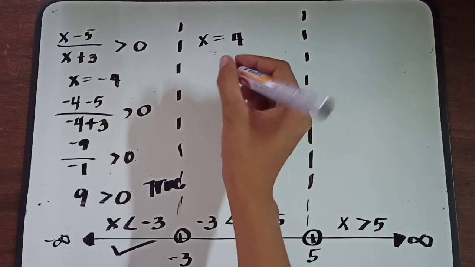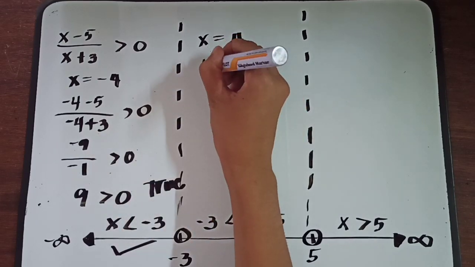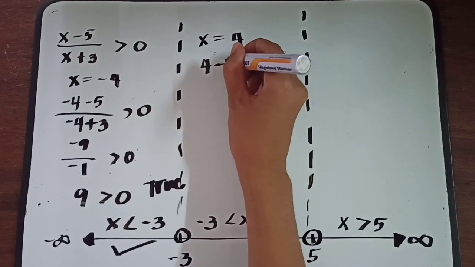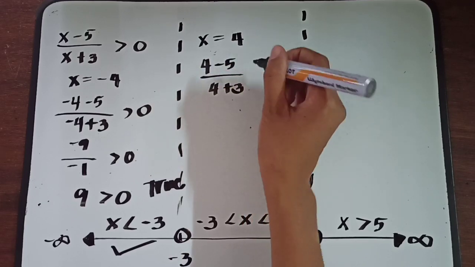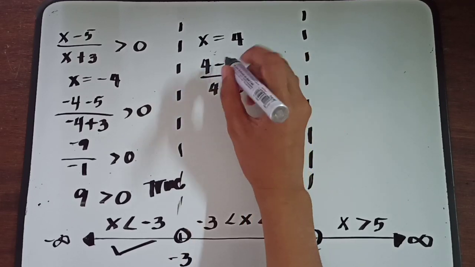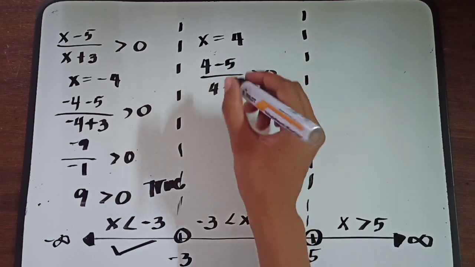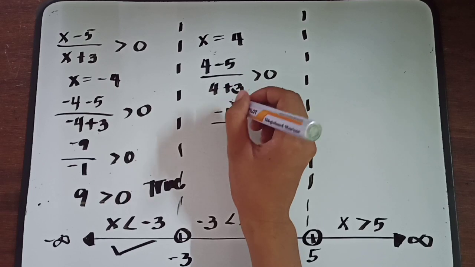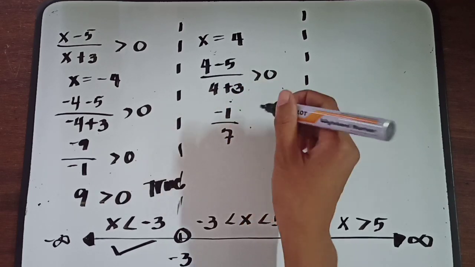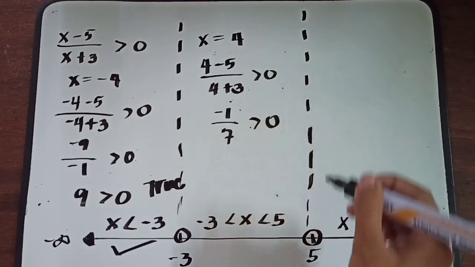So, if x is 4, substitute the value of x. So, 4 minus 5 over 4 plus 3 greater than 0. 4 minus 5 is negative 1 over 4 plus 3 is positive 7 greater than 0.